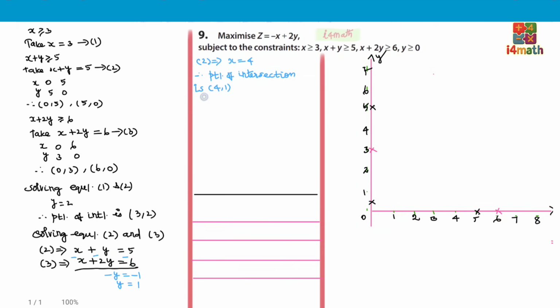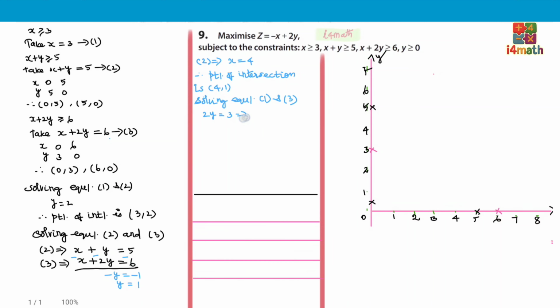Solving equation 1 and 3. What is equation 1? x is equal to 3. What is equation 3? x plus 2y which is equal to 6. Substitute x is equal to 3 in equation 3. So 3 plus 2y equal to 6. So 2y equal to 3.